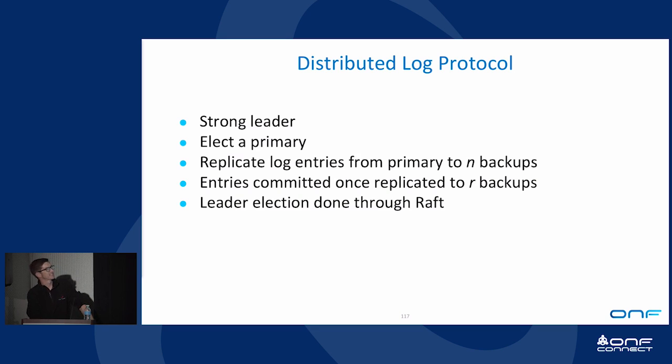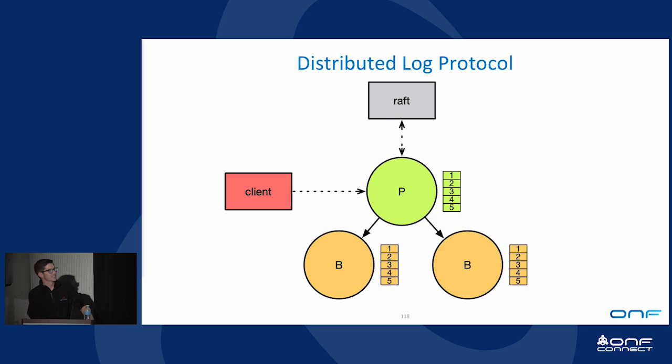Again, it does leader election through Raft and replicates log entries from a primary to some backups. It has the same replication constraints as the primary backup protocol did, where it can replicate asynchronously or replicate to less than a majority of the cluster.